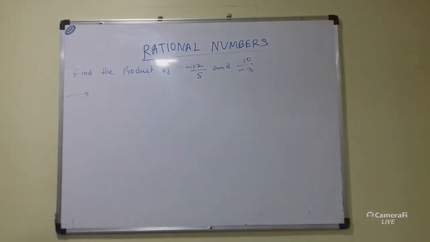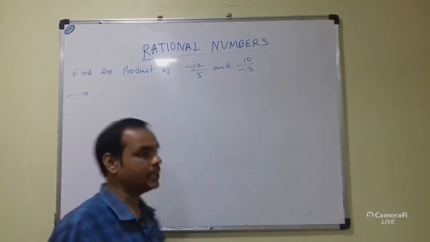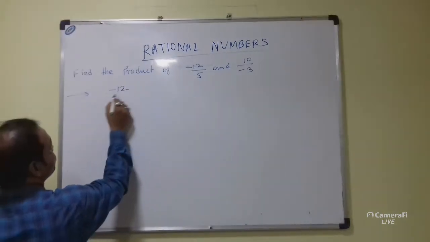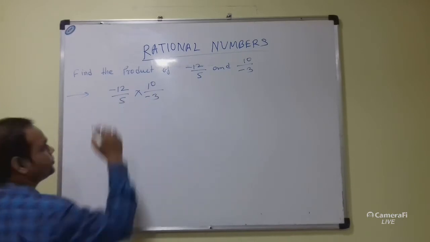Now how to solve? Find the product, that means we have to multiply these rational numbers. So minus 12 by 5 multiplied by 10 by minus 3.